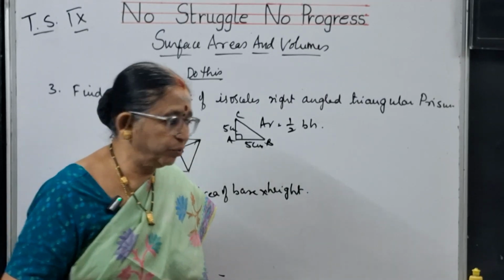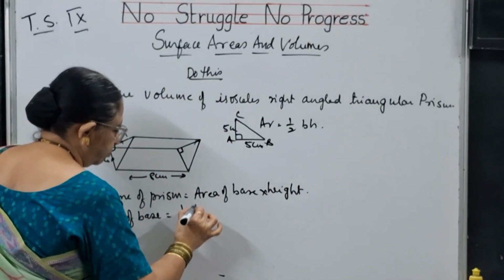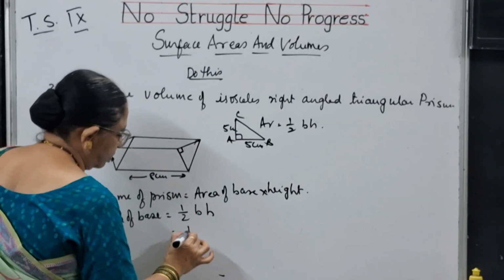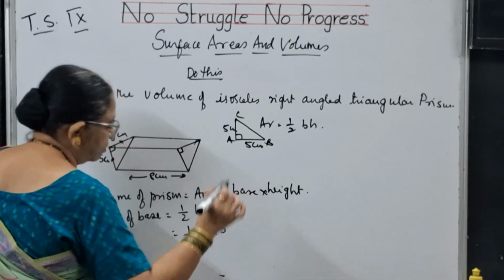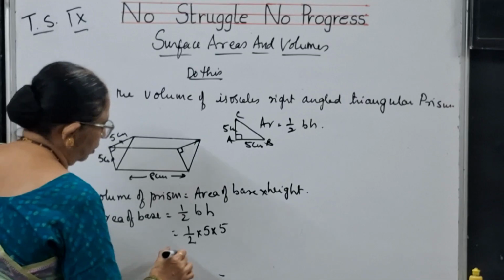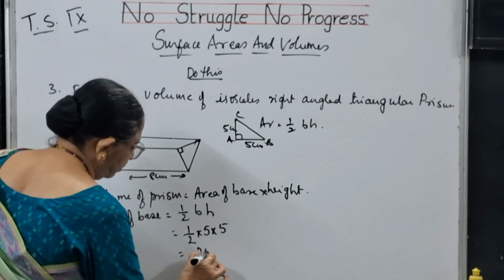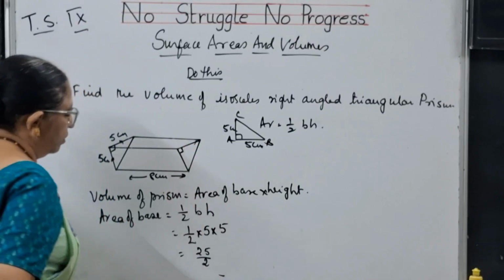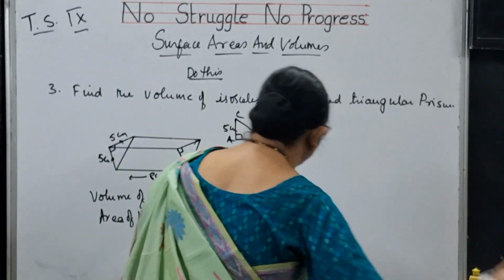So half base into height we will be taking. So area of the base is half into base is 5 centimeters, height is also 5 centimeters. So how much am I getting, children? Half, 25 by 2.